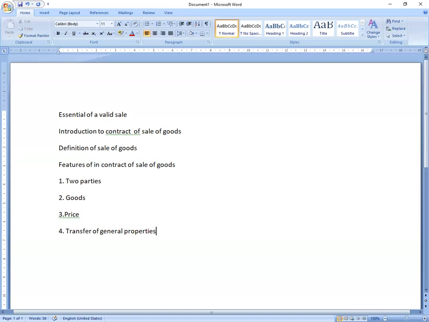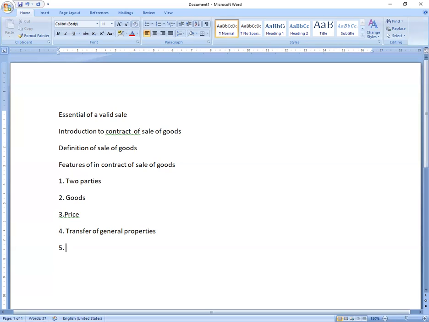The contract of sale should transfer the general property in goods and not a special property in goods. The actual owner of the goods has the general property in the goods.